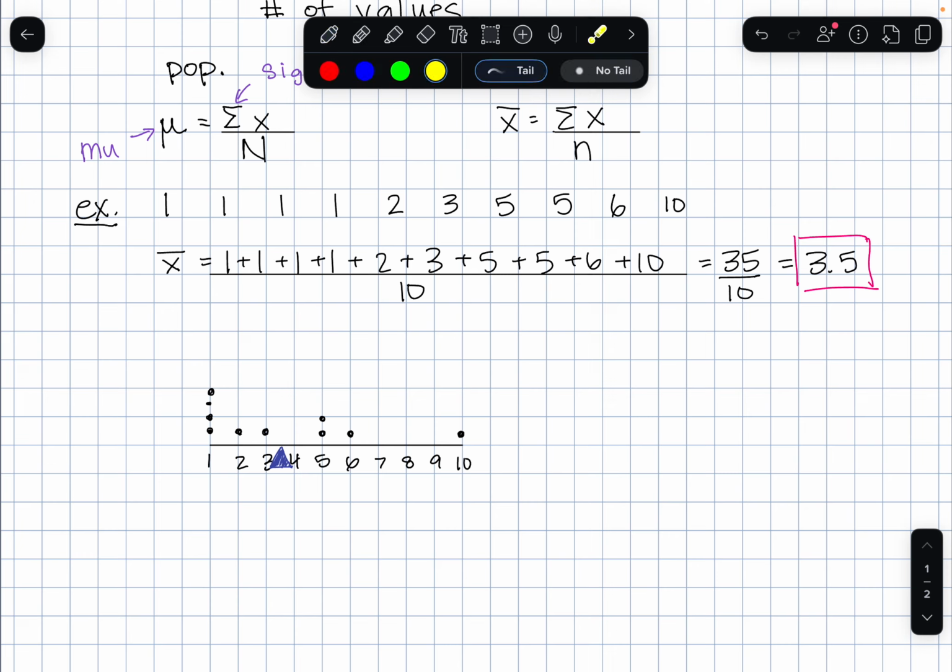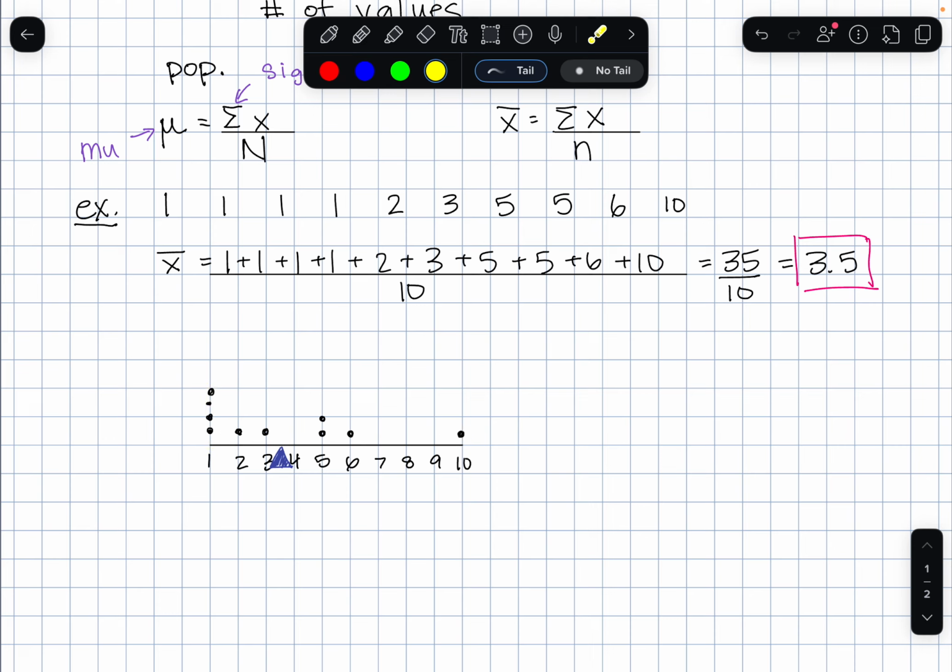You'll notice more data over here, a little less over here. I have lots of data points at 1 that are fairly close to that mean. On the other side, fewer values that are close, and 1 that's way far out. And this 1 guy is counteracting these 4 guys here.